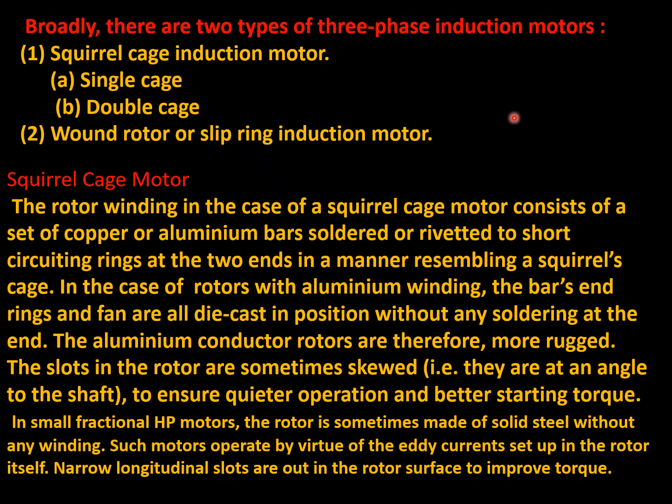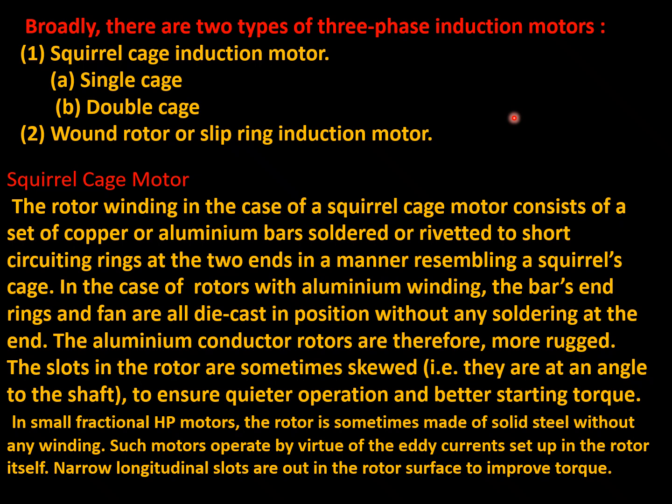The motor winding in the case of a squirrel cage motor consists of a set of copper or aluminum bars soldered or riveted to short-circuiting rings at two ends, in a manner resembling a squirrel cage. In an induction motor with aluminum winding, the bars, rings and fans are all die cast in position without any soldering at the end.